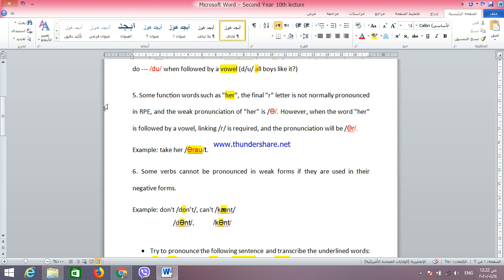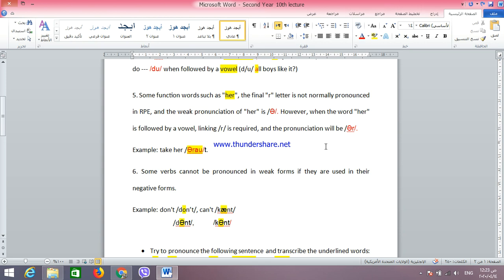This rule also applies when we are talking about the pronunciation of weak form words. So, if the word her is not followed by a vowel, it's going to be pronounced normally as schwa only. But if the word her is followed by a vowel, the ra will be pronounced.